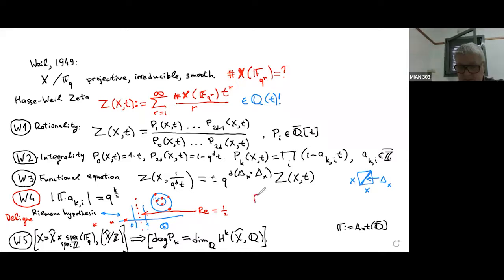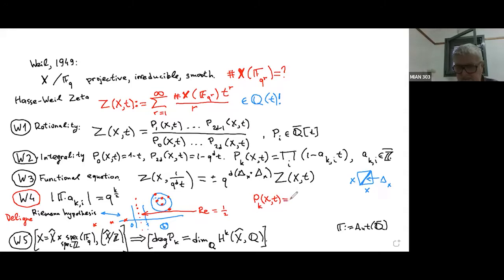dream. So the dream was that these P sub k would have quite a definite cohomological sense. They were, and turned out to be, the characteristic polynomials, cohomological polynomials.